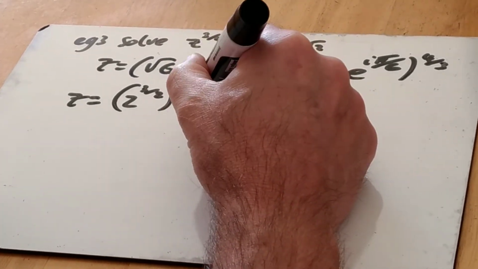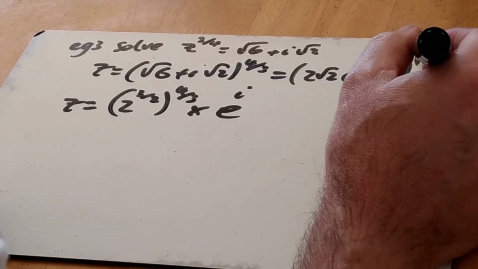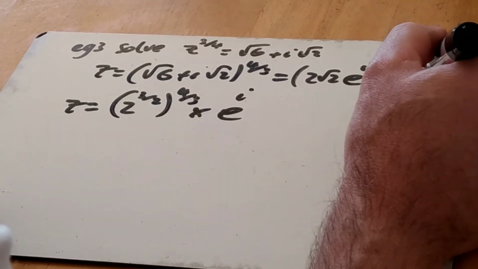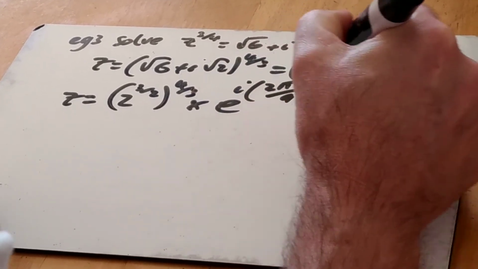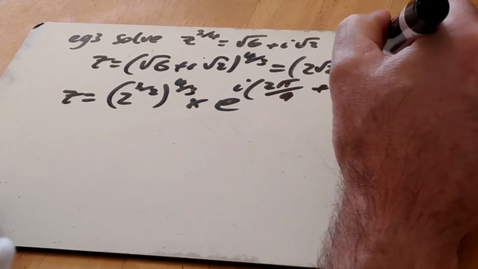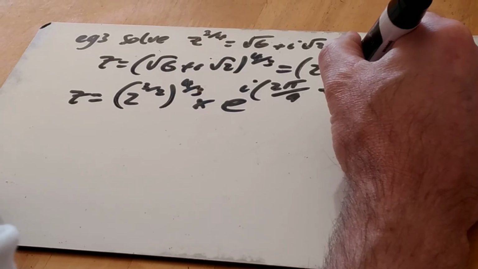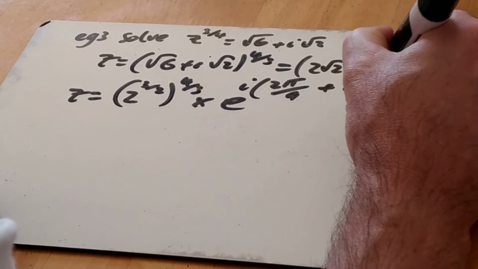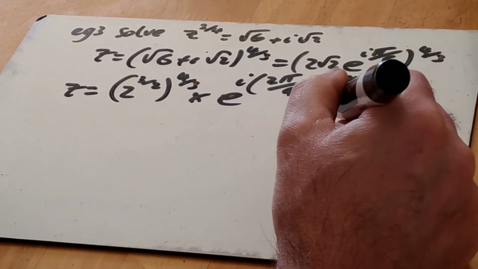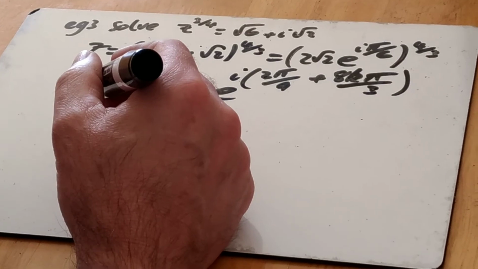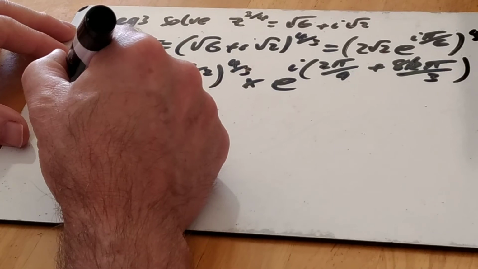I can simplify that, times e to the i, pi over 6 times 4/3, 4 pi over 18, or 2 pi over 9, and then plus 2k pi times 4/3, which is going to be 8k pi over 3. So in that case there, I'm going to have a variety of answers, not as easy because it's fractional powers.